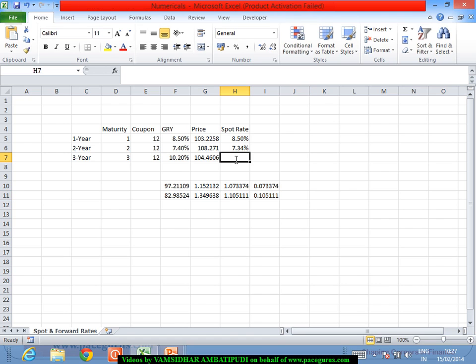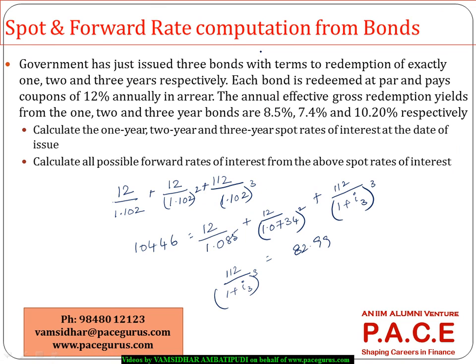So the I3, which is the 3-year spot rate, is somewhere around 10.51%. So these are the three spot rates: 1-year spot rate, 2-year spot rate, and 3-year spot rate that I can derive from the corresponding bond prices.